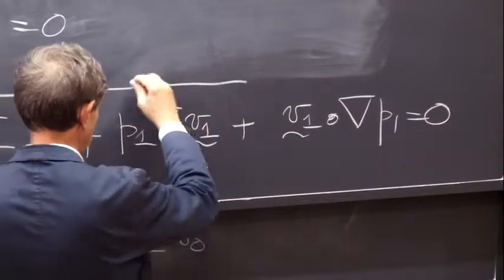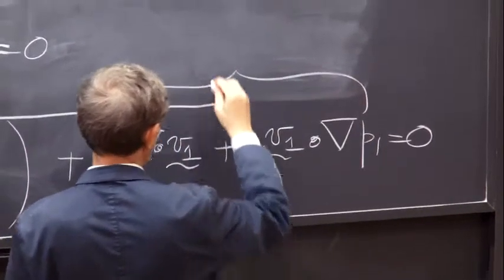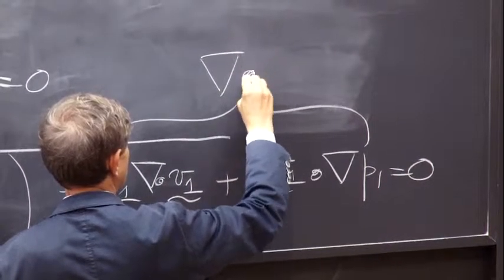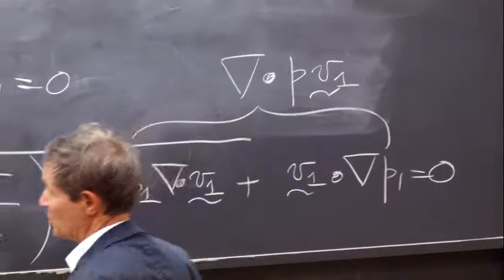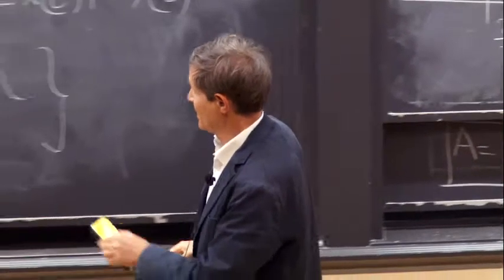And these two terms can be assembled into a single one, which is divergence of P V1.